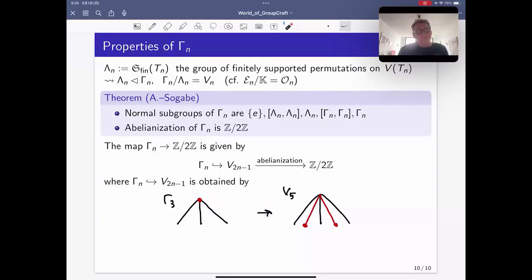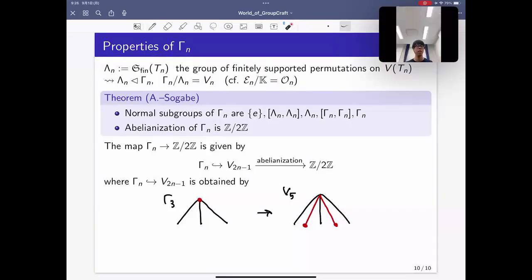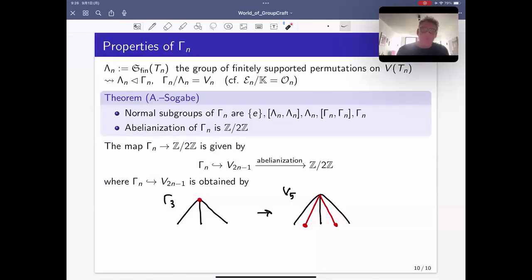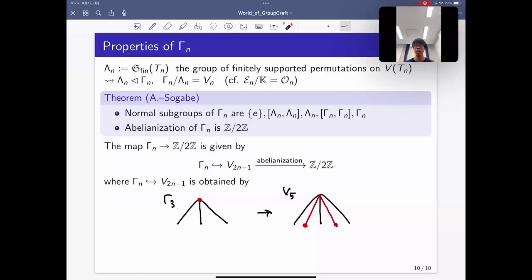Yeah, it includes S infinity, the group of finitely supported permutations. So we don't know directly whether it is finitely generated or not.